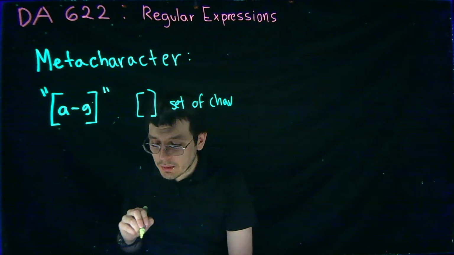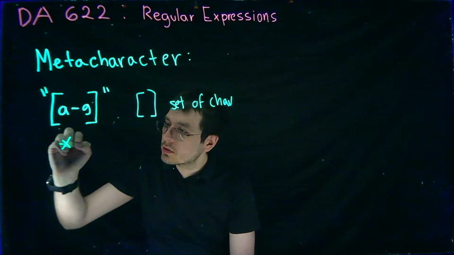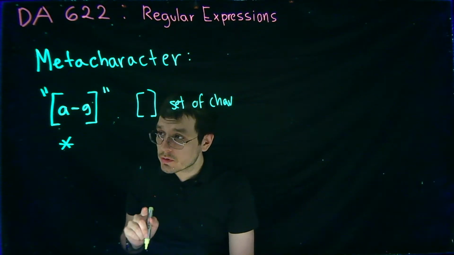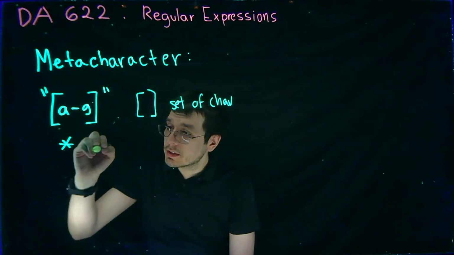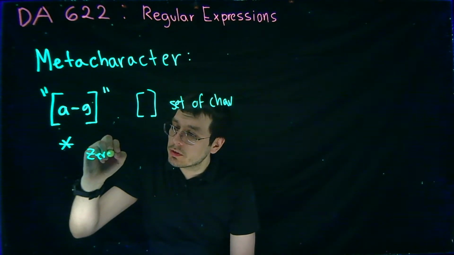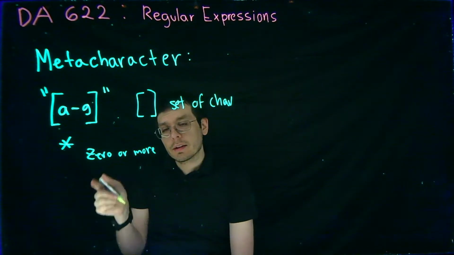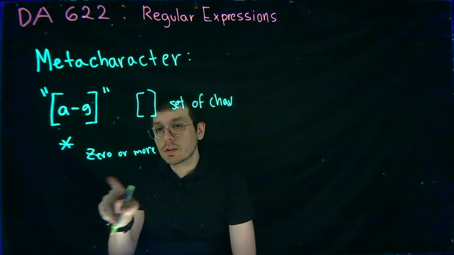All right, moving on, let's talk about the Kleene star since we were doing it. If you see this as part of the string that you're searching for, that is going to be 0 or more occurrences. Why 0 or more? That comes from regular expressions because it includes the empty string as well.